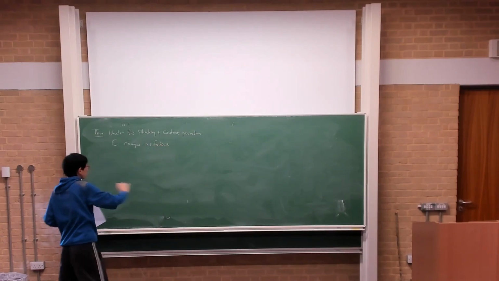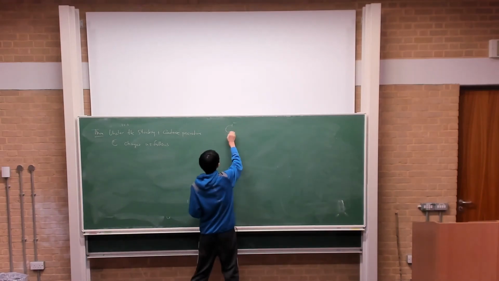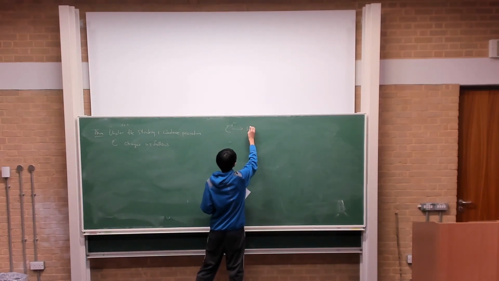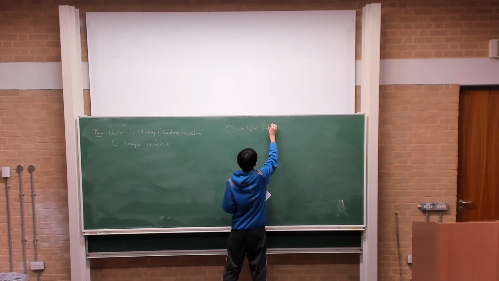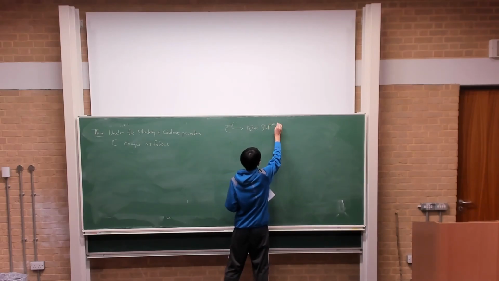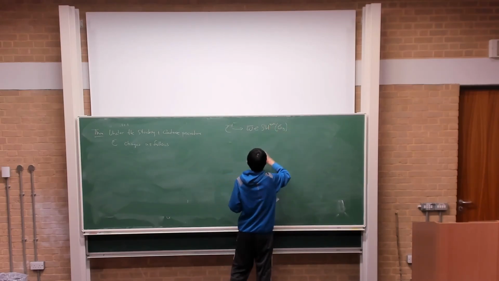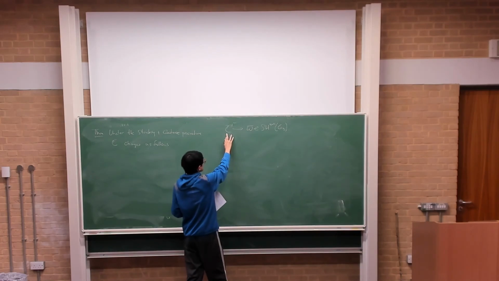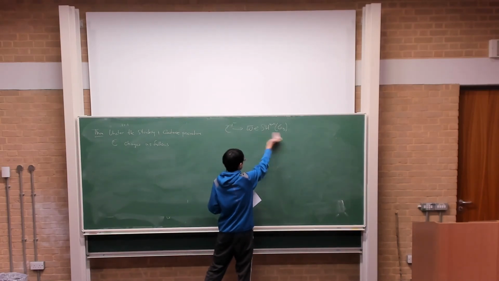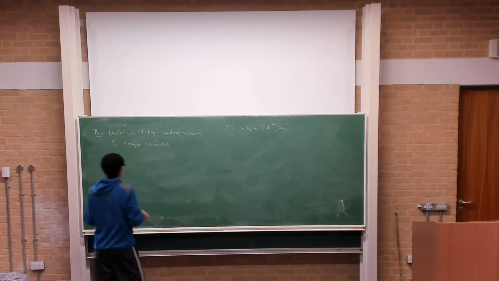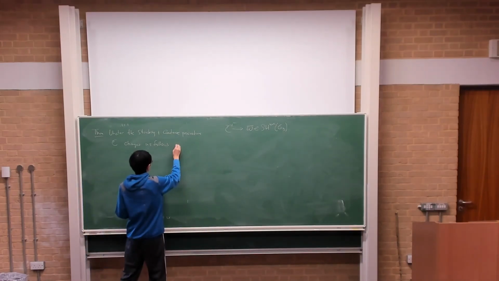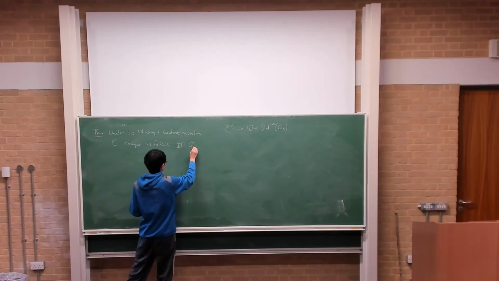So C itself was supposed to be classified. C is itself classified by some class omega inside a twisted H4 class of GB, which is just to say that C itself was some extension of GB by Z2. And then a cohomology class basically classifies all types of extensions.